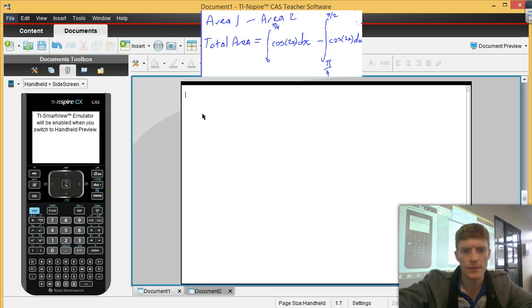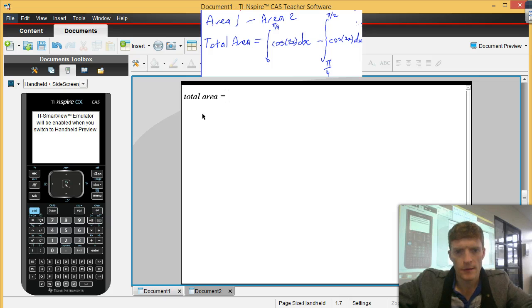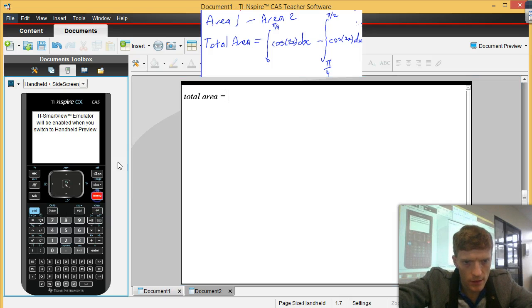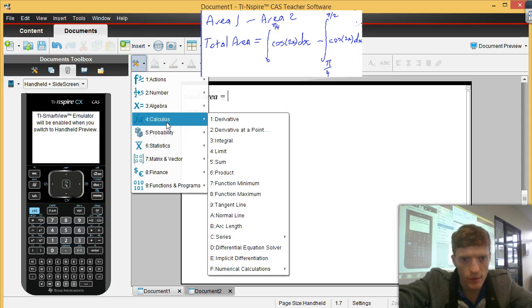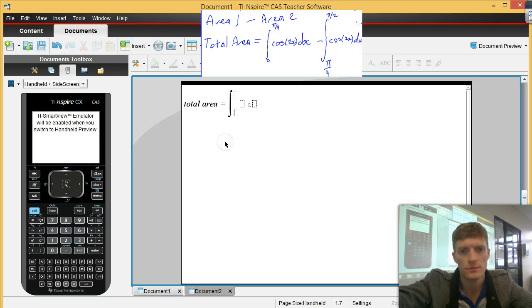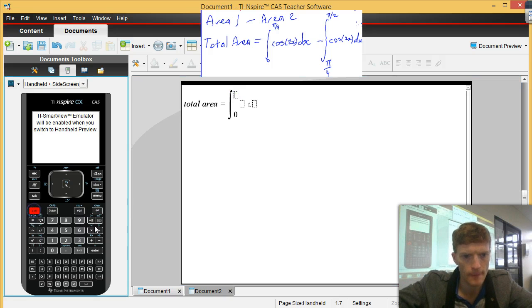We're going to set up our expression for total area. So come to the menu where we'll have our integral expression, so we can set up our definite integral with limits from 0 up to pi on 4 according to our expression there.